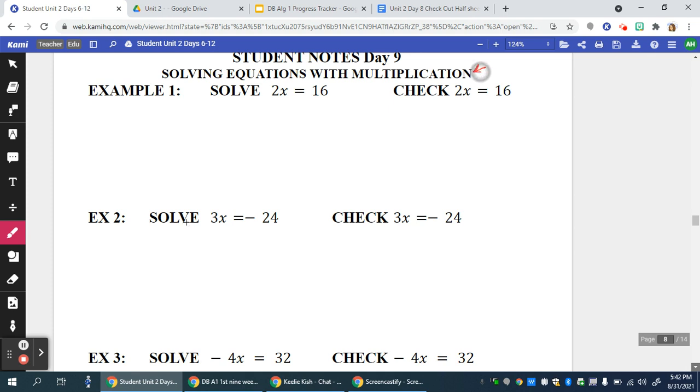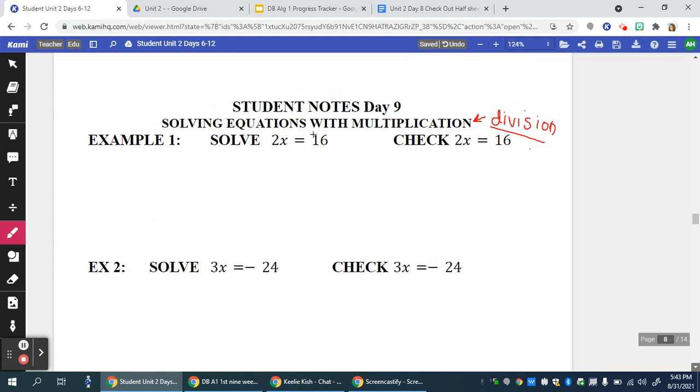The inverse operation of multiplication is division. Okay, so example 1, we are going to solve for x.